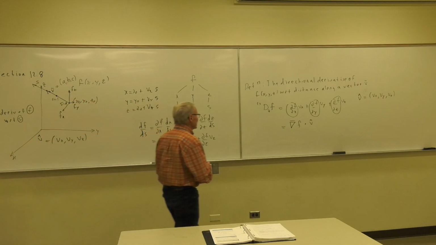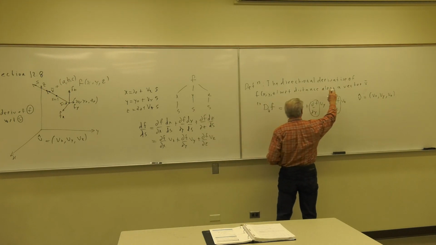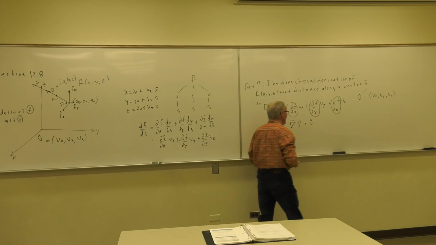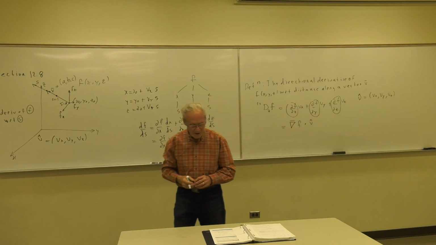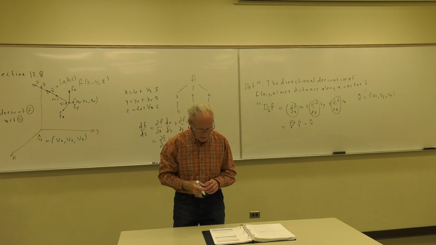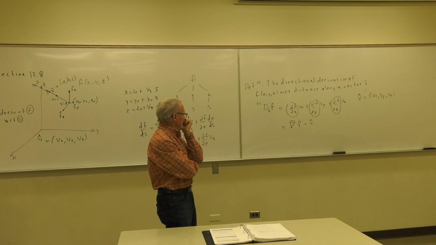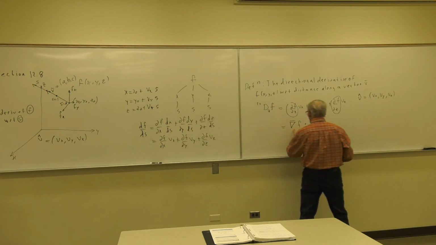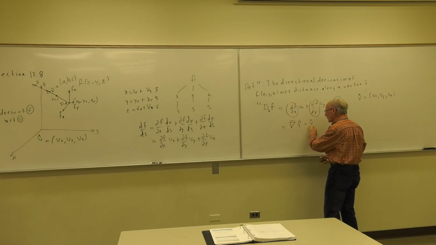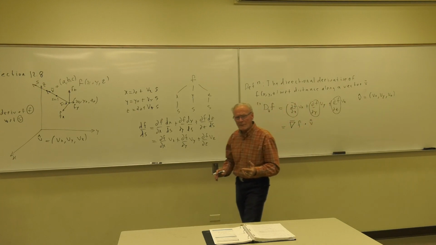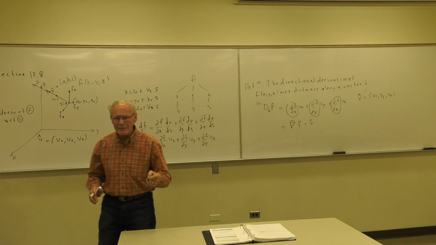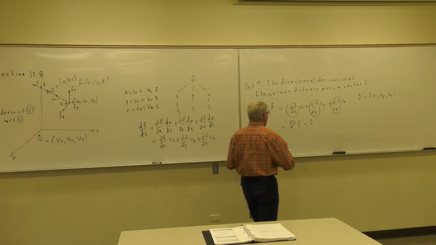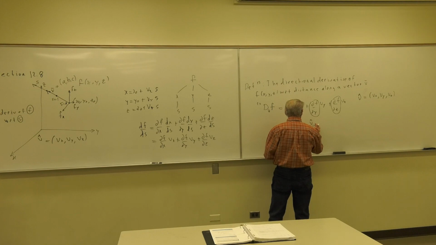To calculate the directional derivative of a function, you take the gradient and you dot it with a unit vector in that required direction. Oh, but wait a minute. When you take a vector and you dot it with a unit vector, what do you get? Back in chapter 11. Isn't that the component of grad f in the direction of v, right?